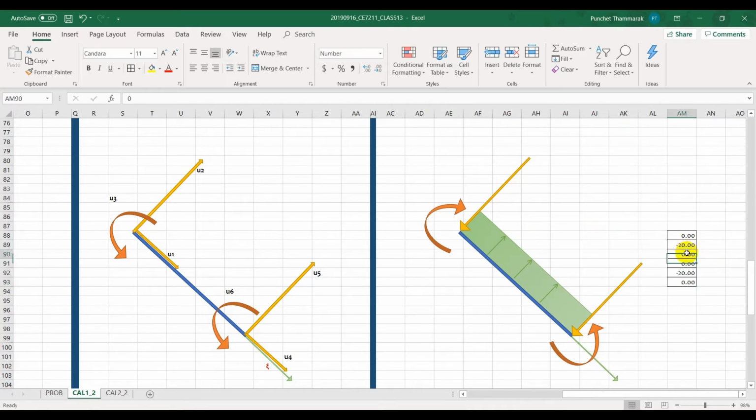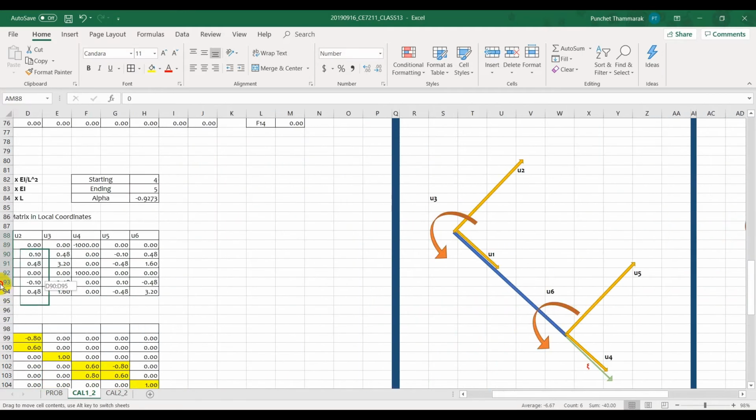Regarding the moment, you have the 4 multiplied by 10 squared over 12, but here it is clockwise, so 4 times 10 squared over 12. Okay, and the other one is the negative of this one. Then I will copy this to here.